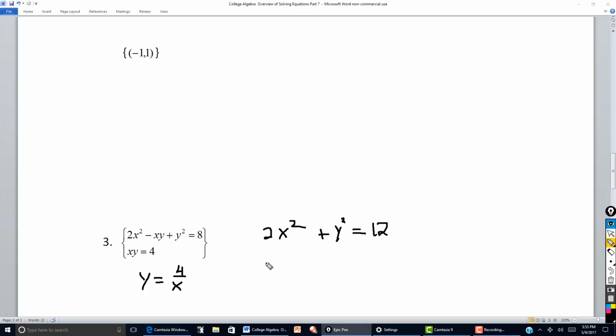I still have two variables though, but then I could say, okay, let's have 2x squared plus y squared, and let's replace the y here by 4 over x. This is quantity squared, equal to 12.